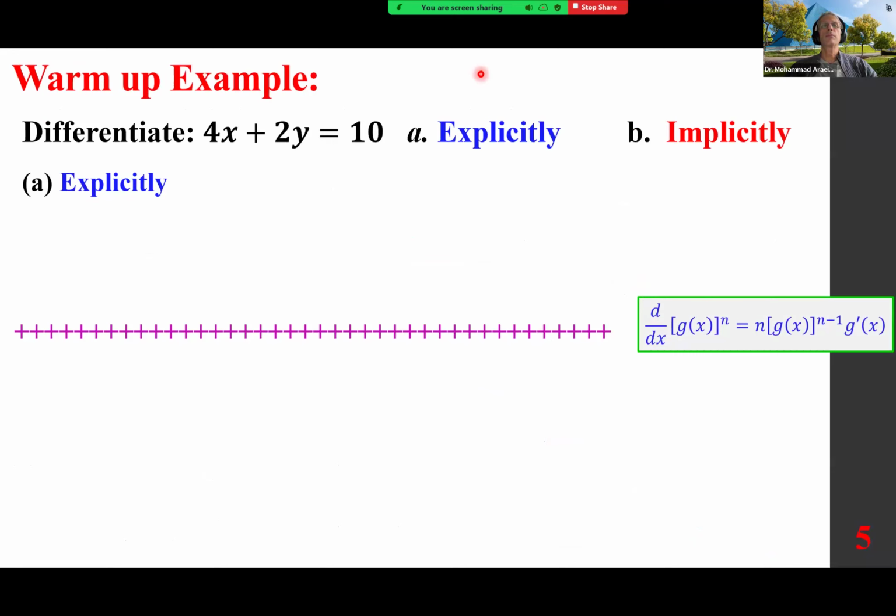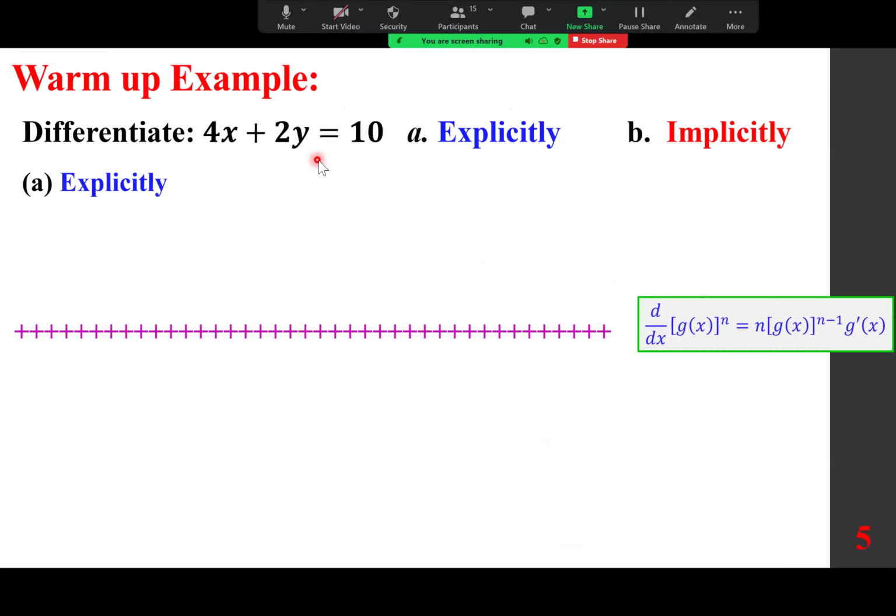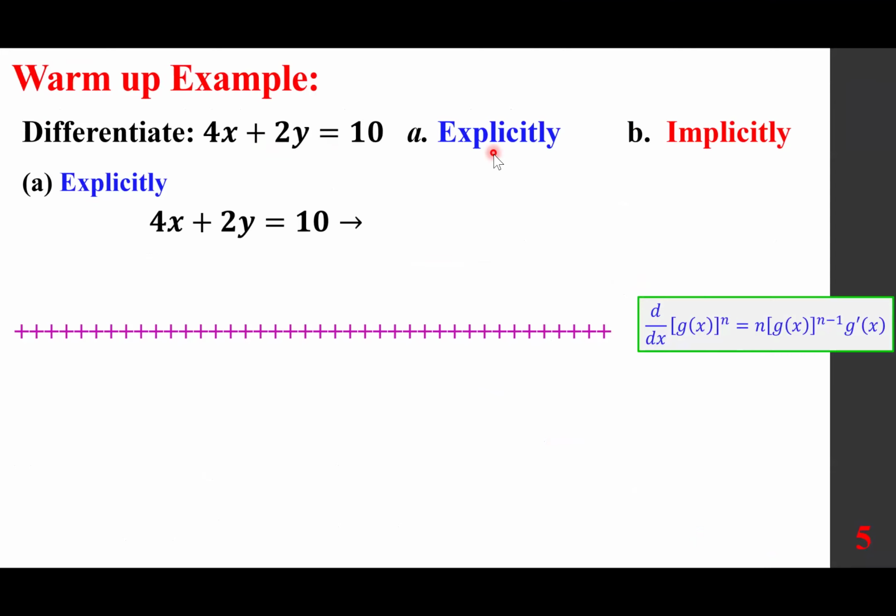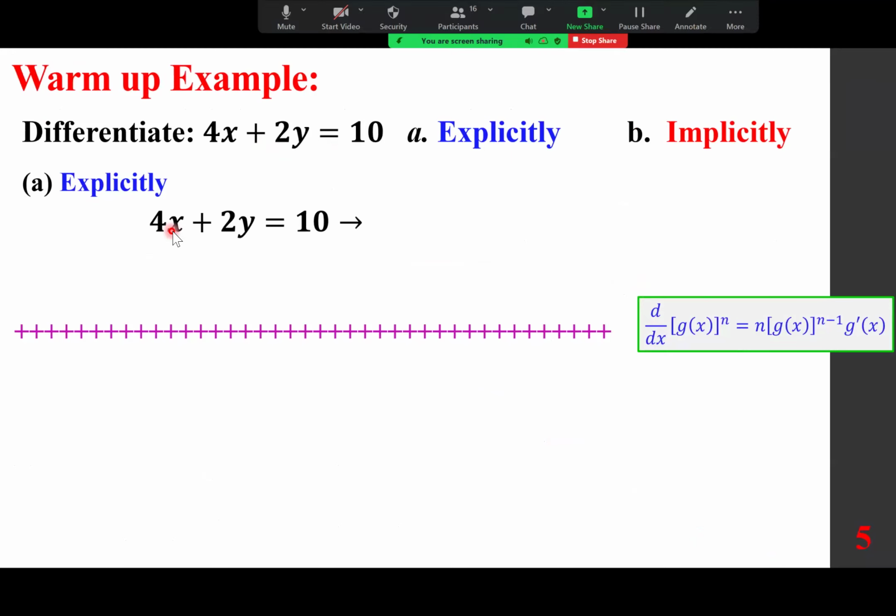A simple example. We want to differentiate 4x plus 2y equals 10. This is a warm-up example. We want to do it both ways, explicitly and implicitly. Explicitly, we have to solve for y. We are going to move the 4x, make a negative 4x on the other side.